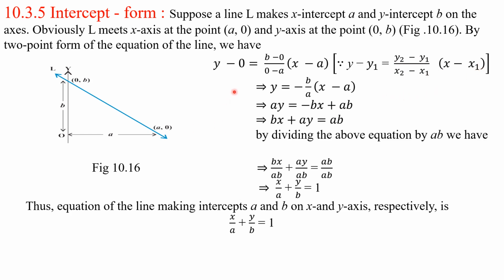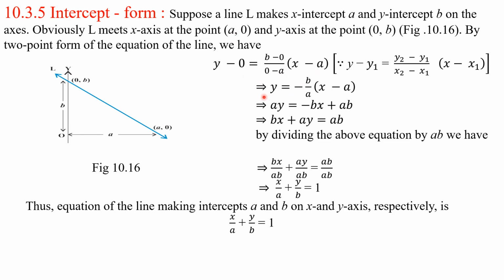Okay, my children? Right. So y minus y1, what is y1 here? 0, is equal to y2 minus y1. What is y2 here? b. So b minus 0 by x2 minus x1. What is x2 here? 0 minus x1, which is a. Understood this part, my children? Into x minus x1. x minus, what is x1 here? a. Understood this step, my children?